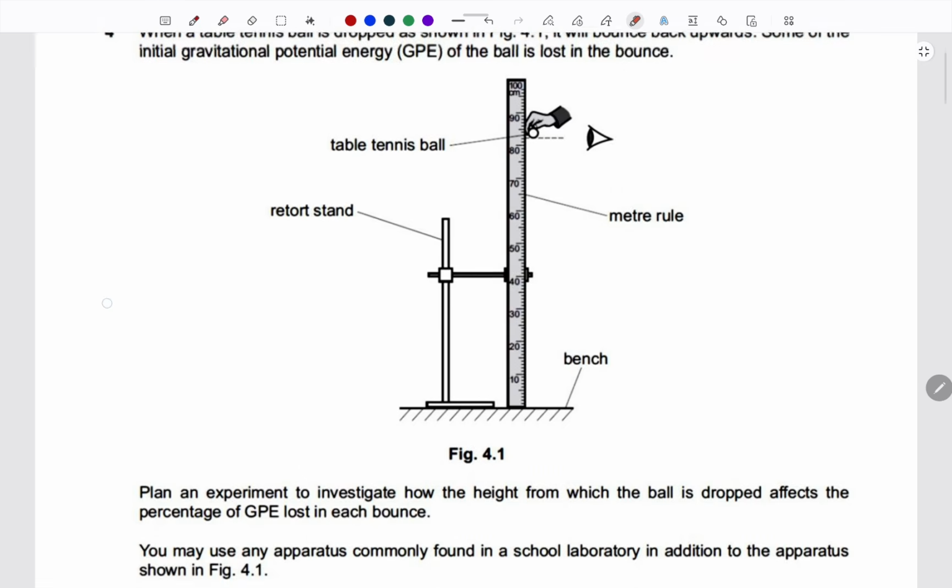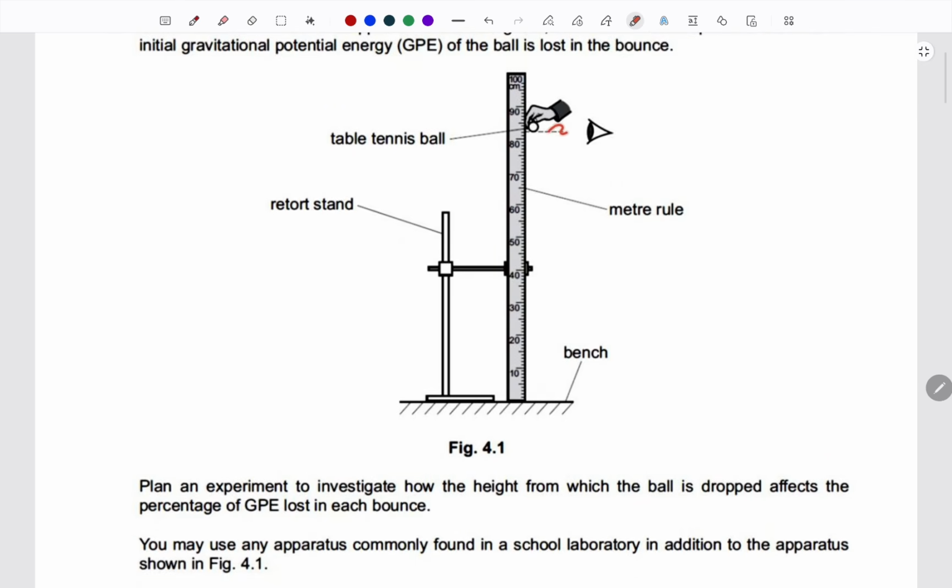Okay, we need to calculate the gravitational potential energy. Initially we will release the ball from here. It will fall from here to here. Suppose this initial height is h1 centimeter, and then the ball will go up again.